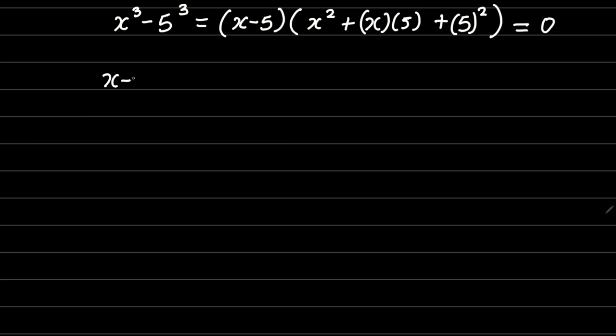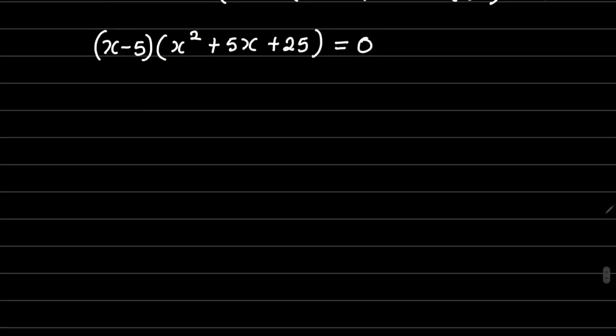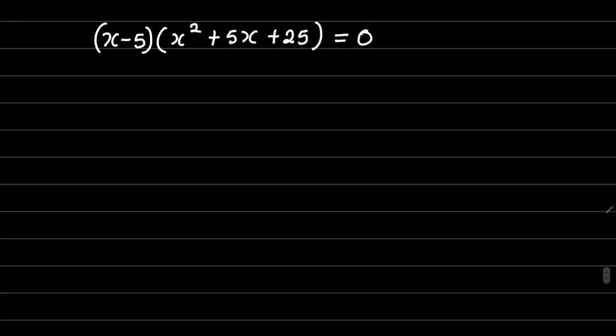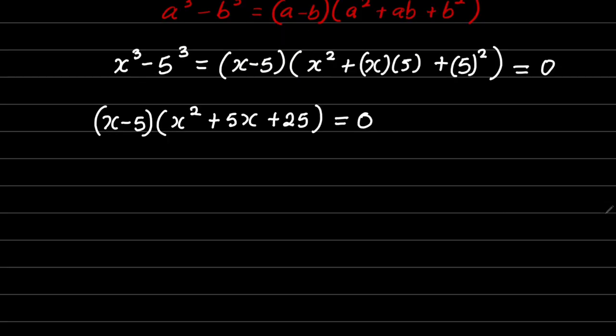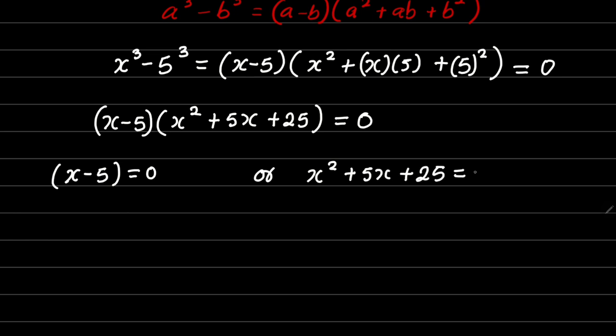So we are going to have x minus 5 into x squared plus 5x plus 25, and this is equals to 0. Now, checking this, we have two factors. If you want to get the solution to this, then it therefore means that it is either x minus 5 is equals to 0 or x squared plus 5x plus 25 is equals to 0.